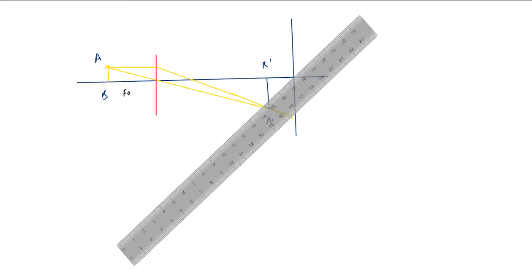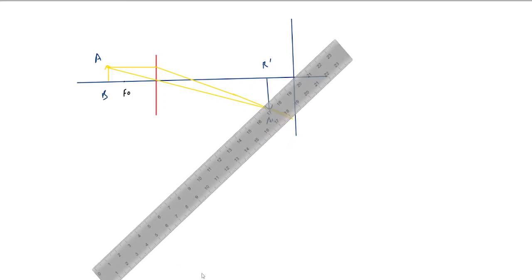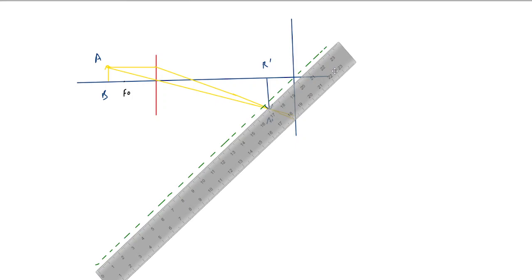So let's imagine that a light ray is coming somewhere from here. From this point, we draw them backwards. Light appears to come from this point. And also light would refract here.